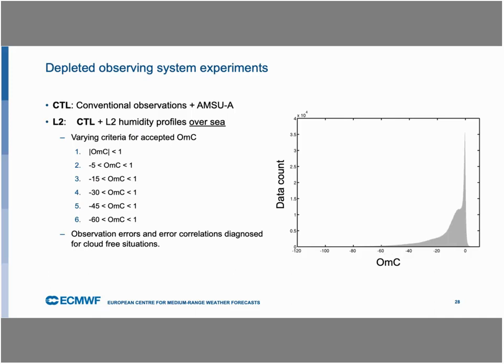And then we step by step increased the cloudiness introduced into the system. So there are several experiments done, first slightly cloud-affected data, then more and more cloud-affected data introduced into the system. And in the first place, we used observation errors and error correlations diagnosed for the cloud-free situations.